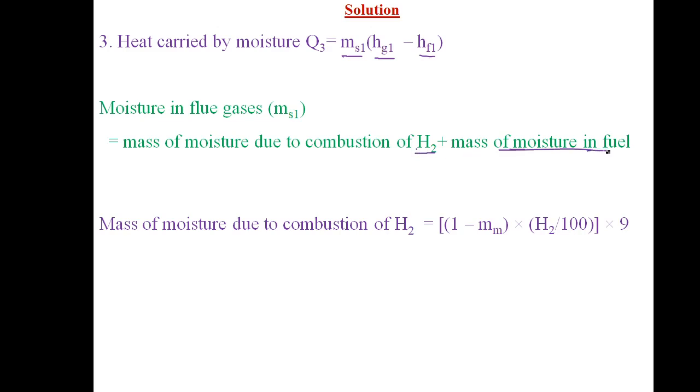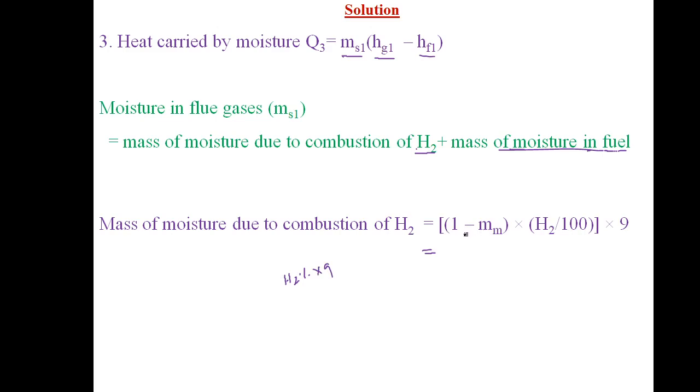Already 5% is water in the fuel, and that gets evaporated and mixes with the flue gases. In the previous problem we had seen the formula as percentage of H2 into 9 directly, and we obtained the mass of moisture. But here there is also moisture in the fuel.